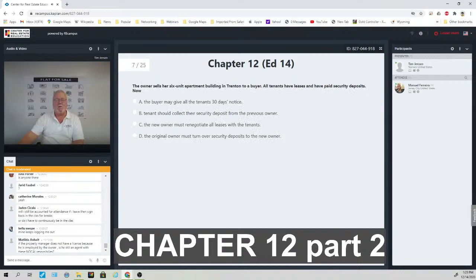That's right, lowest recognized interest in real property. Number 7, the owner sells her 6-unit apartment building in Trenton to a buyer.